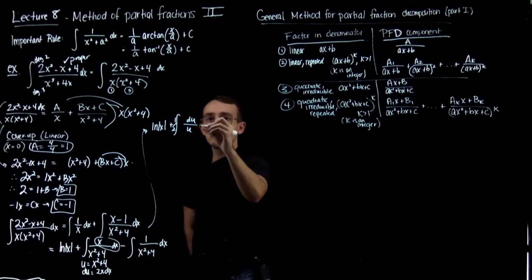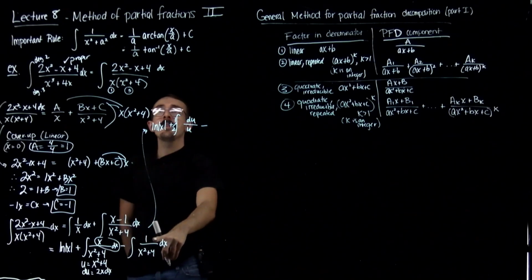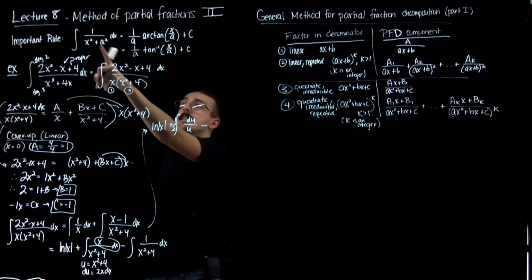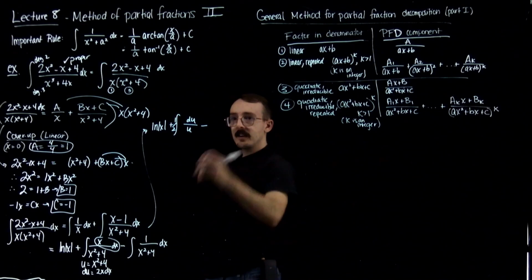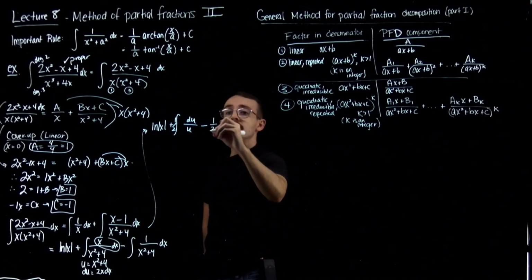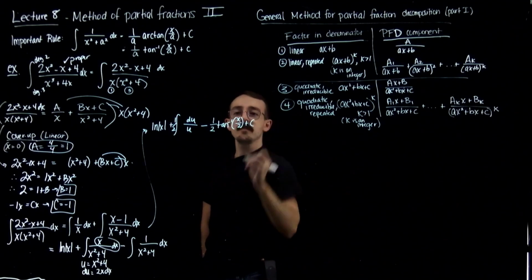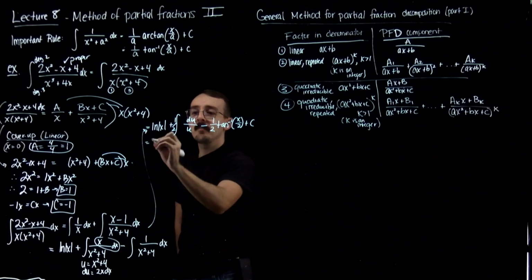And then minus, this is the rule that I just talked about. So here I have 1 over x squared plus 4. This time my a is 2. So this integral right here is going to be 1 over 2 tangent inverse of x over 2 plus c. And then all that's left for me to do is integrate this middle piece right here.